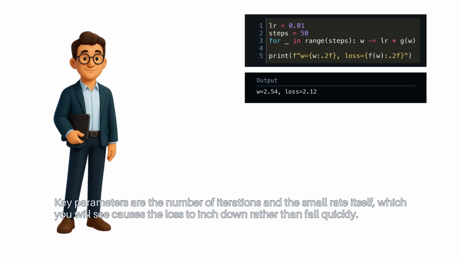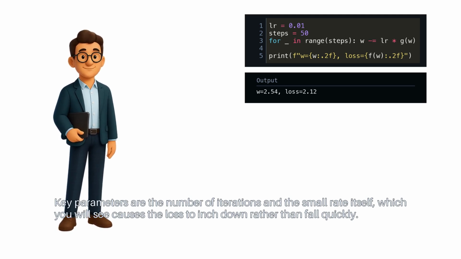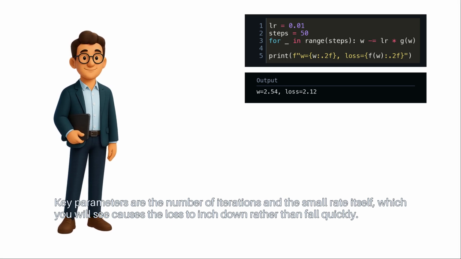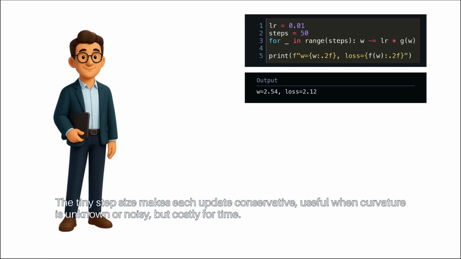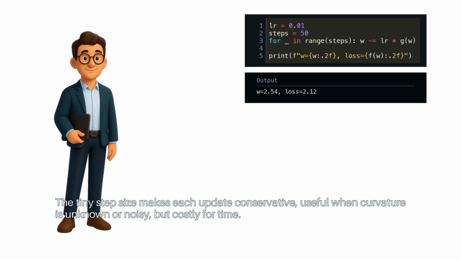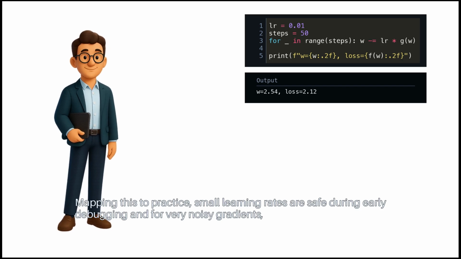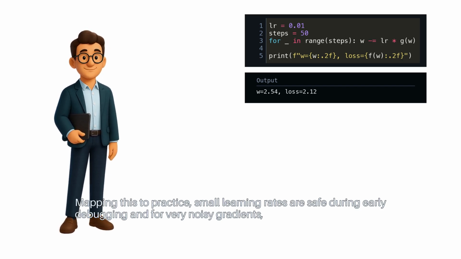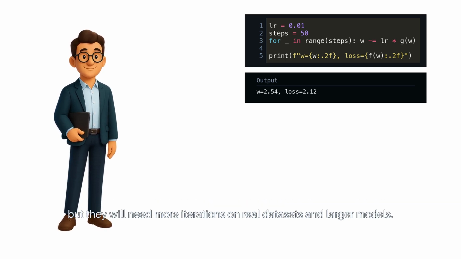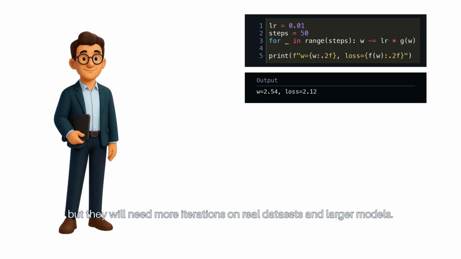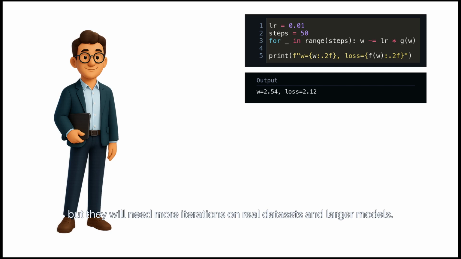Key parameters are the number of iterations and the small rate itself, which you will see causes the loss to inch down rather than fall quickly. The tiny step size makes each update conservative, useful when curvature is unknown or noisy, but costly for time. Mapping this to practice, small learning rates are safe during early debugging and for very noisy gradients. But they will need more iterations on real datasets and larger models.